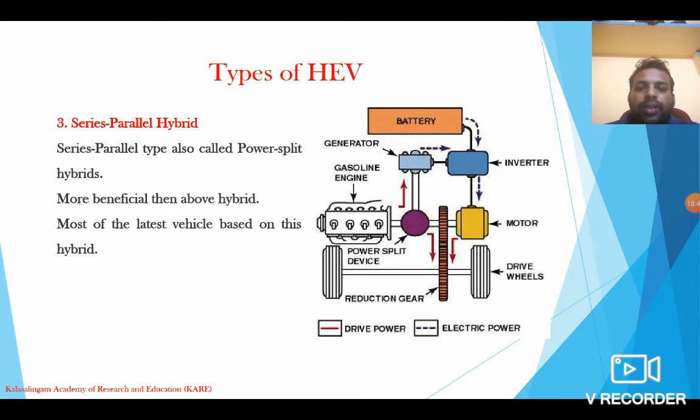It has lesser fuel consumption, produces lesser pollution, and we can operate the vehicle with higher torque as well as higher speed, because we have two power sources. During cruising, we can use both power sources to propel the vehicle. Just imagine, when you use two power sources, we can drive the vehicle at extreme speed. So these are some advantages of series parallel hybrid vehicle mechanisms.